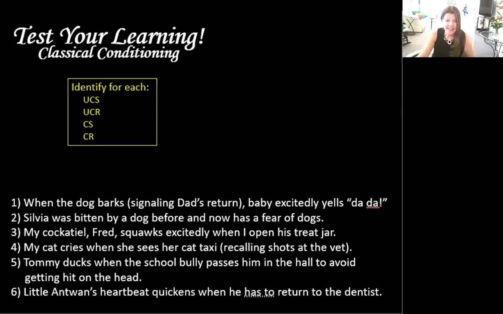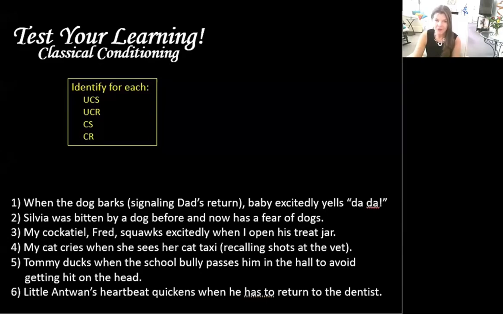Okay, so number two is bites, cries, dogs, and fear. And I do want to pause here a moment just to point out the fact that no child is born afraid of dogs. If they are afraid of dogs, it is something that they learned. And so this is one way that they might learn a fear of dogs.